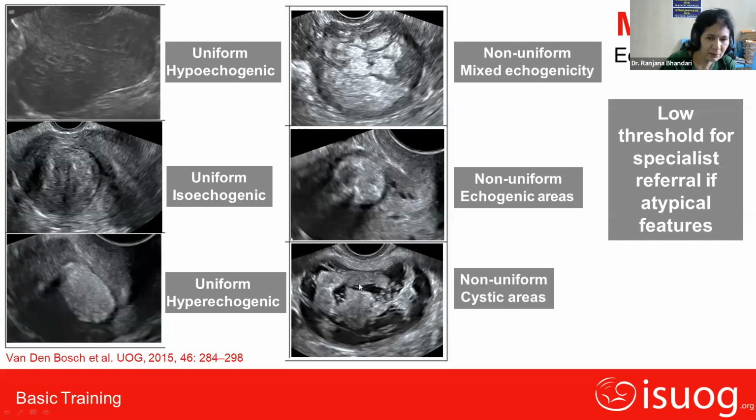And see over here, maybe it is cystic degeneration, and there are many types of degenerations in the myoma. The degeneration occurs because the myoma always has a centripetal growth. The myoma increases in size from the inside, so the vascular supply to the outer part decreases.